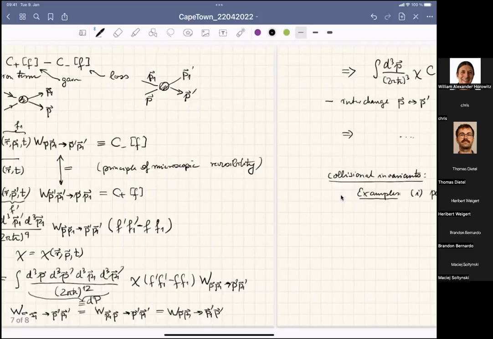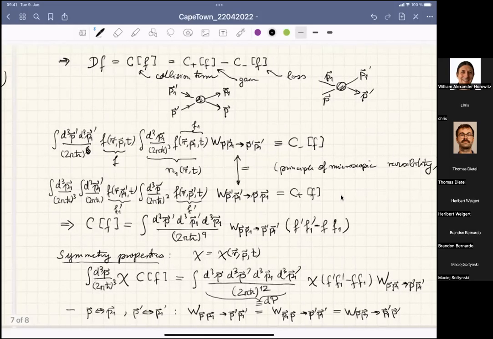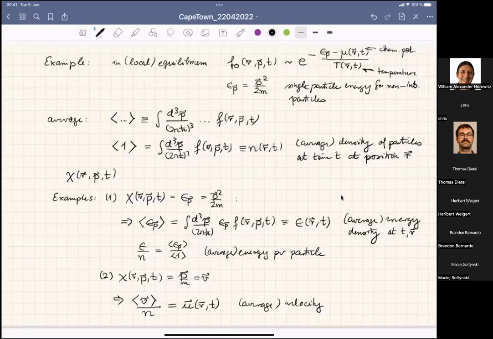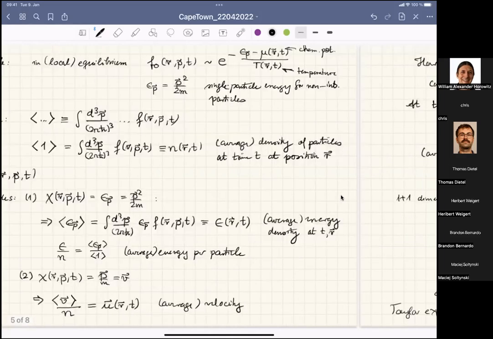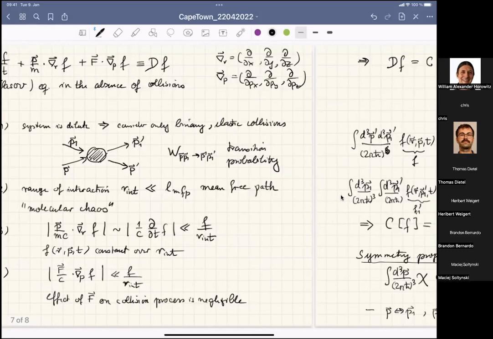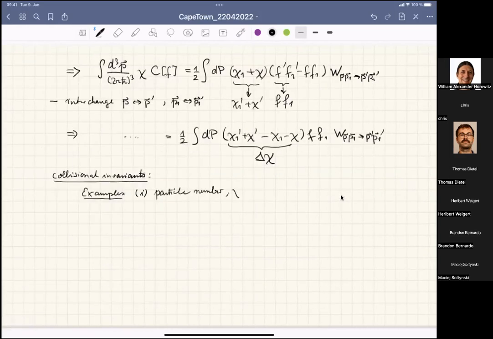For particle number, this chi quantity is 1. So let's take chi equal 1. And then, of course, delta chi, for each particle chi is 1. So chi1 prime is 1, chi prime is 1, chi1 is 1, and chi is 1. Yeah, that's 0. Delta chi vanishes.